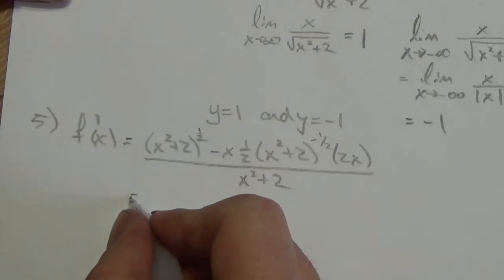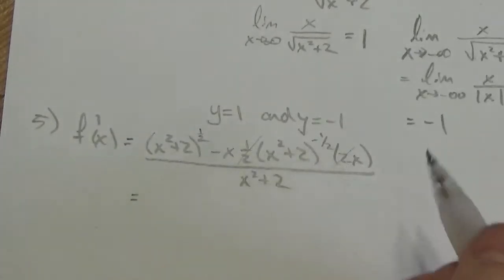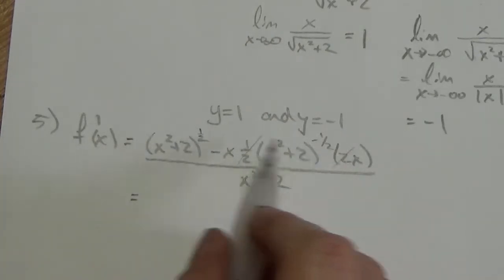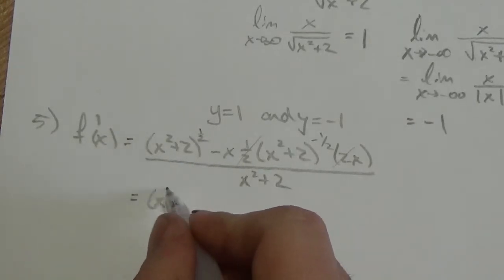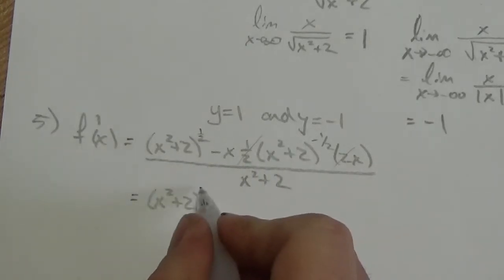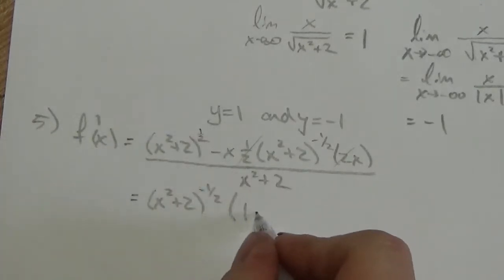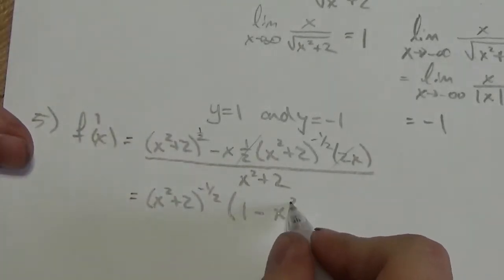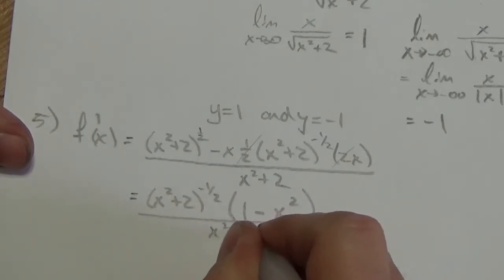Okay, I've got a bunch going on here. Now, first of all, notice the 1/2 and the 2 are going to cancel. The smallest exponent on the x squared plus 2 is actually negative 1/2, so I'm going to take that out. That is going to leave me with 1 minus, and notice I've got 2 x's there, so 1 minus x squared all over x squared plus 2.